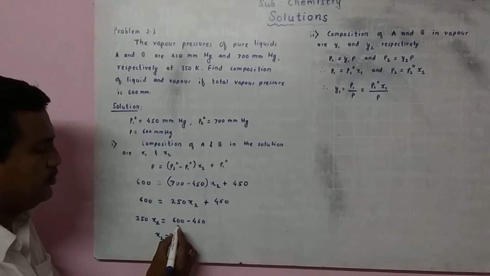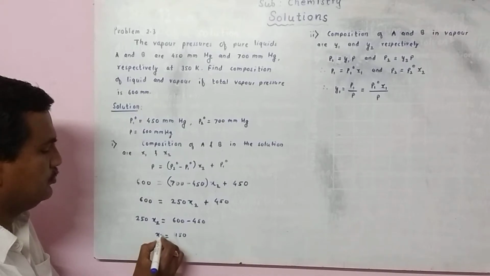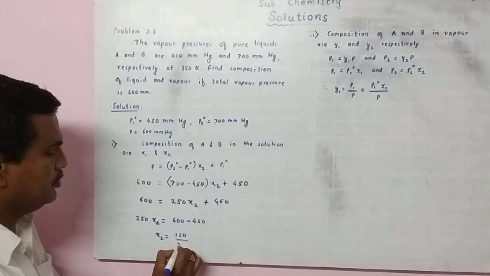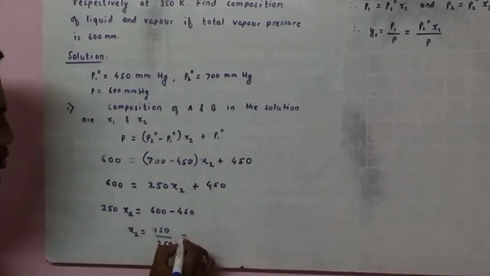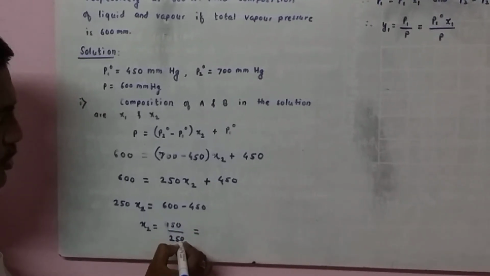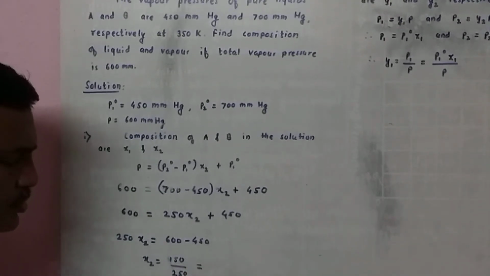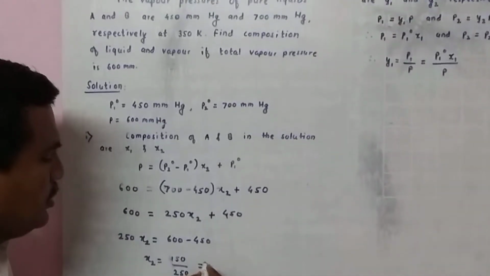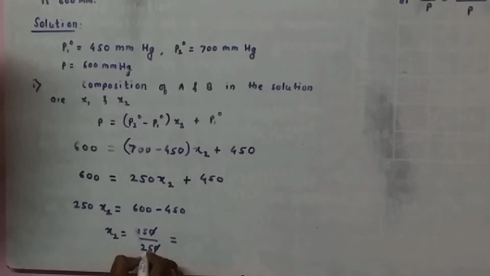So x2 is equal to 600 minus 450, that is 150, upon 250. So it will be 15 upon 25.